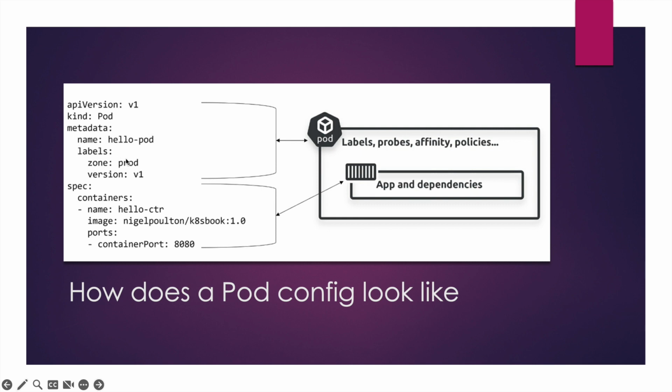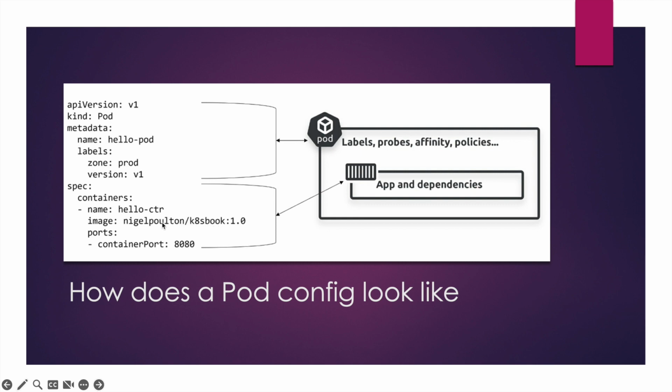These are the things that are basically wrapped around the container. And then under the spec, you have the definition of the container itself. So the name of the container will be this, hello-ctr. The image where the container will be created from is provided here.